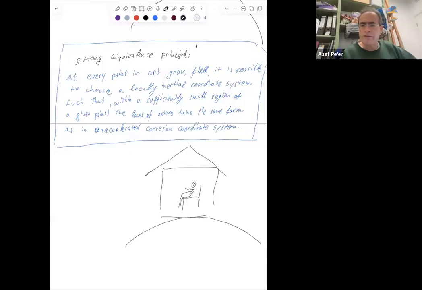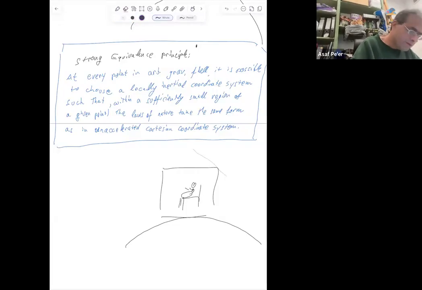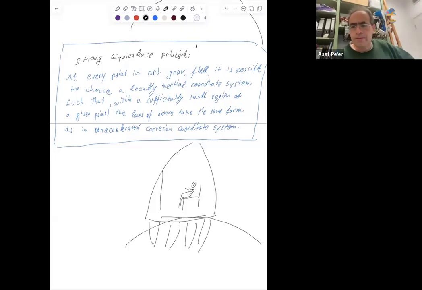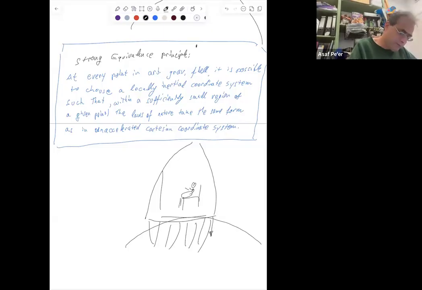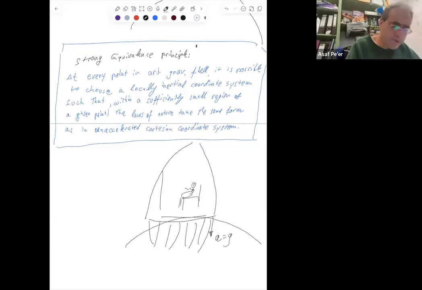And you're subject to Earth's gravity. Now, instead of that, you might be right now inside a spaceship that accelerates at acceleration a, which is equal to g.